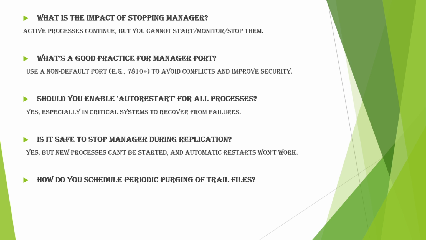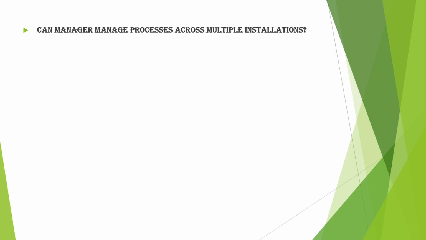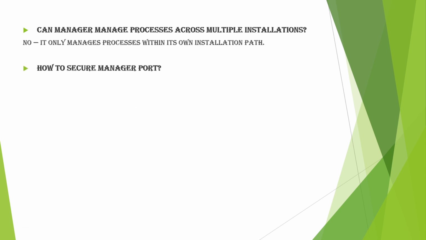How do you schedule periodic purging of trail files? You need to configure the job. Use purge extracts with the checkpoints. Can manager manage processes across multiple installations? No, it only manages processes within its own installation path. Correct? So how do you secure the manager port?